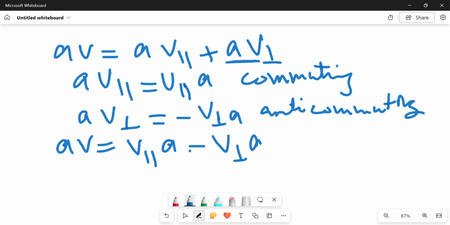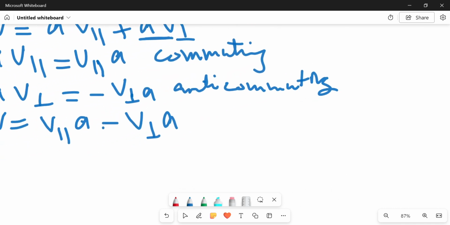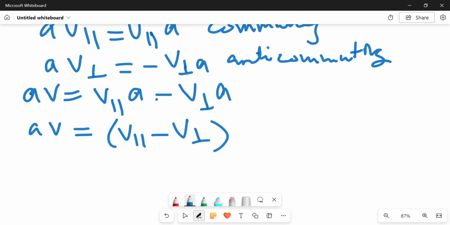This one anti-commutes, I get minus V perpendicular A. So A V equals V parallel minus V perpendicular acting on A. I took A out.